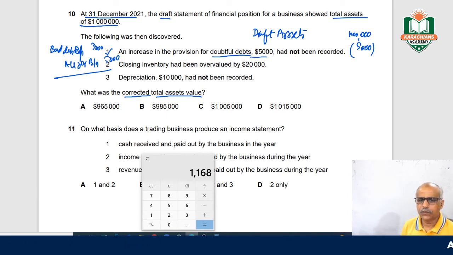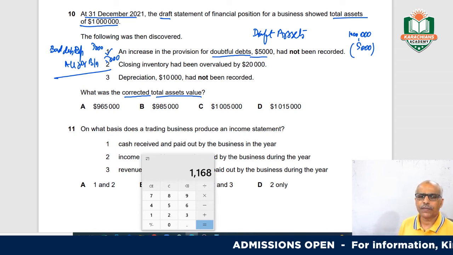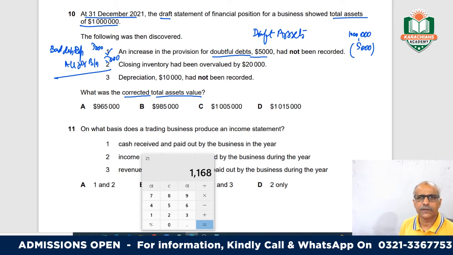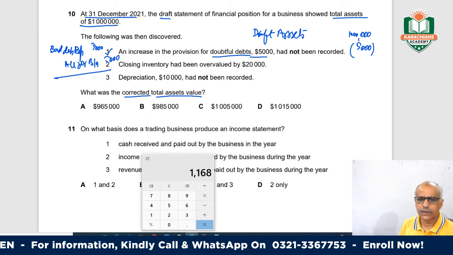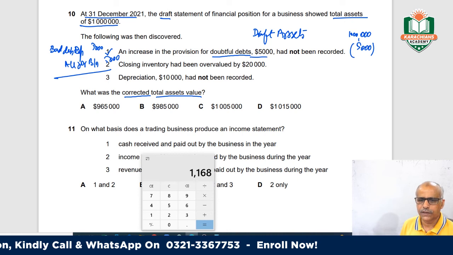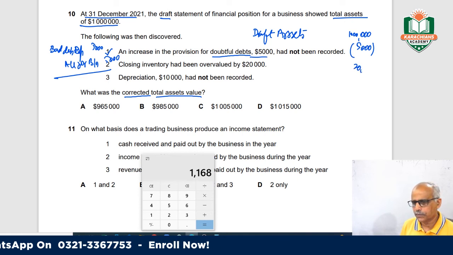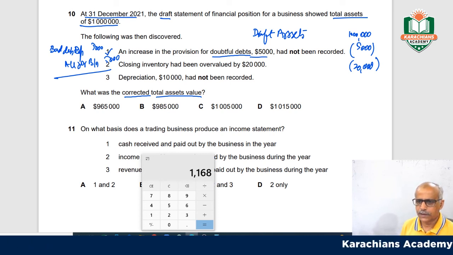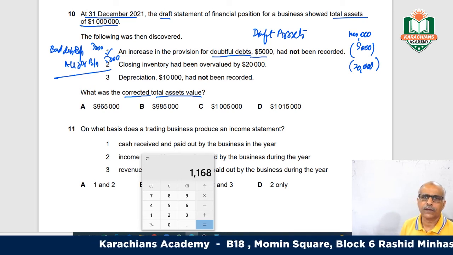Closing inventory had been overvalued by 20,000. So closing inventory overvalued means your current assets have been increased. So you have to deduct them. Right, and depreciation 10,000 had not been recorded.